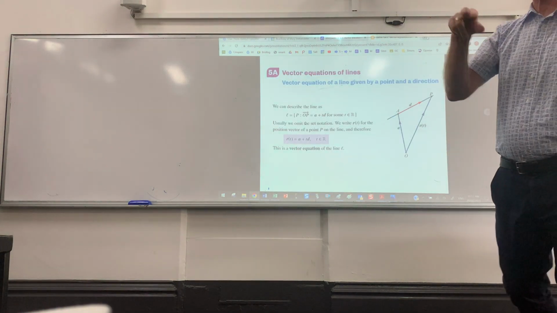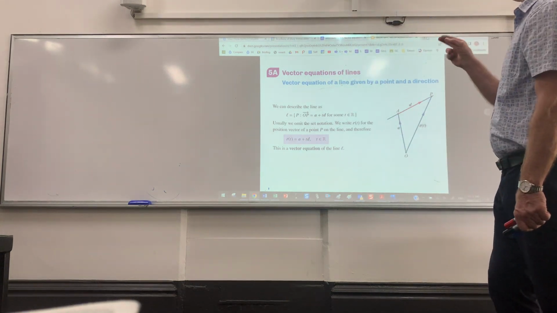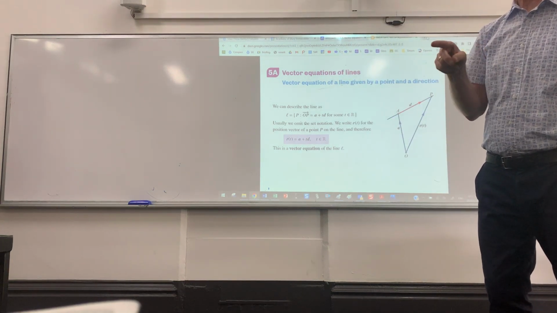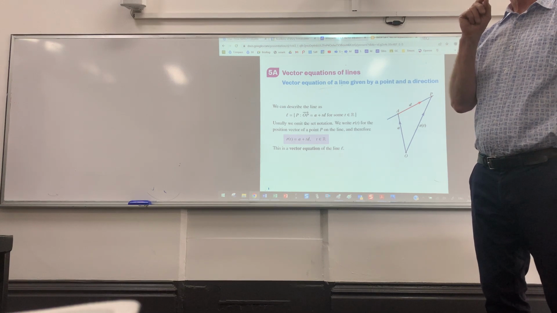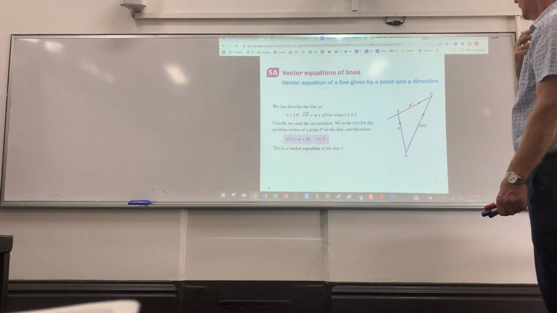We have in chapter 5 looking at vector lines, directions of vector lines, and planes and equations of planes.